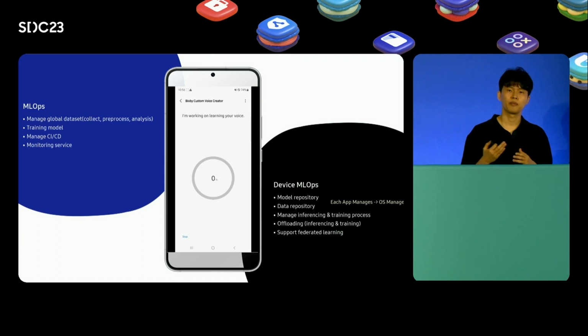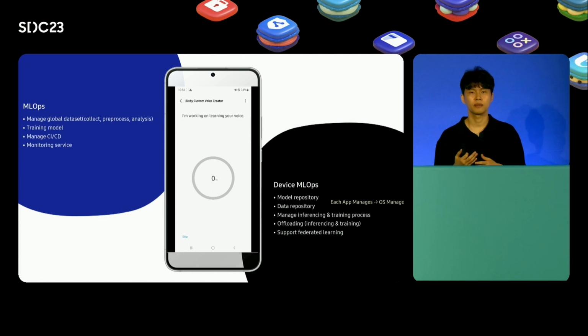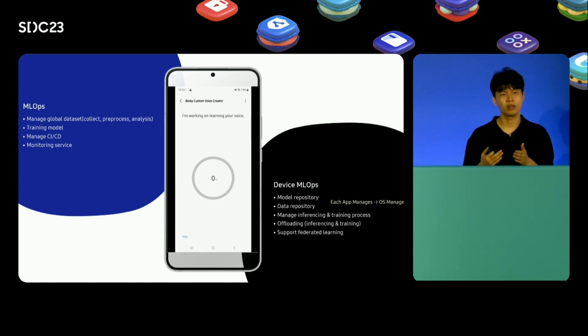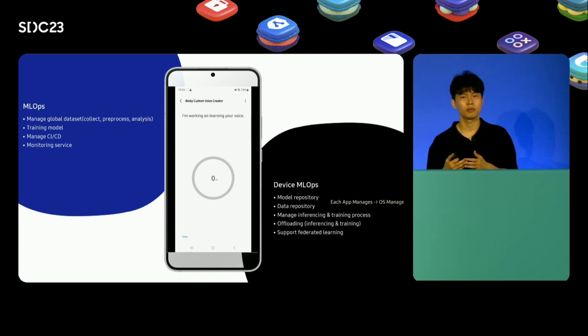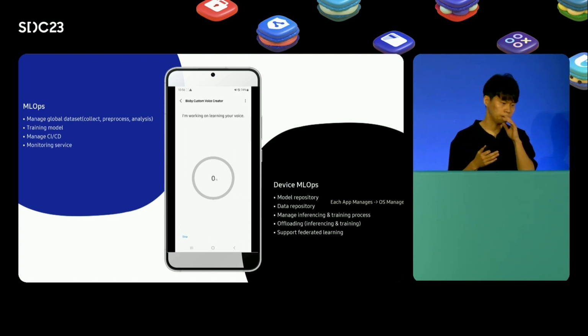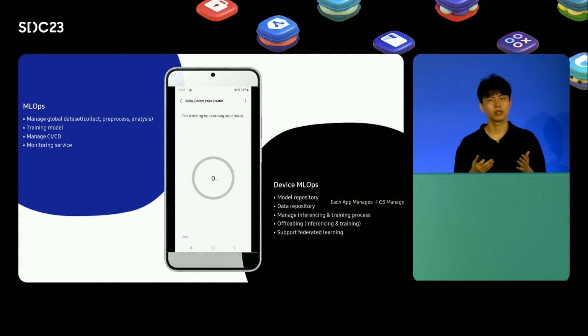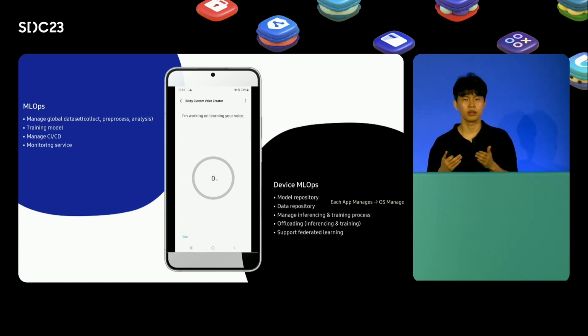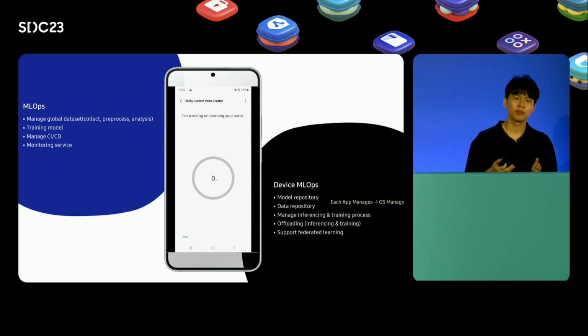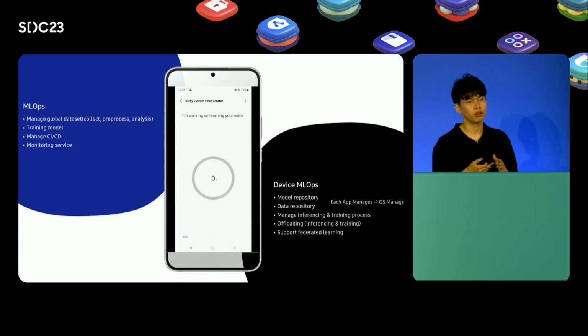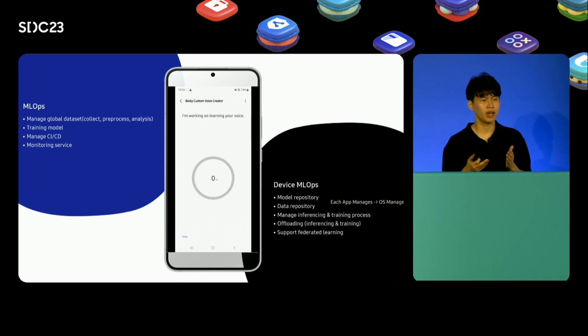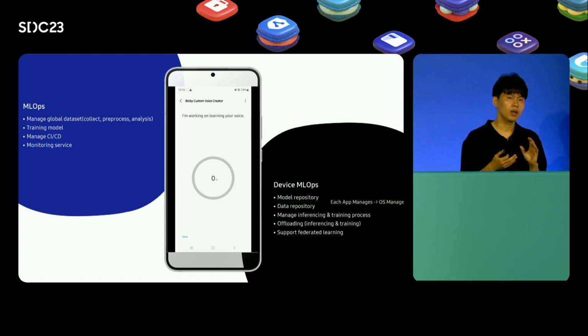So in this case, device MLOps will schedule the training process, and during the process, if the device is getting overheated or the battery level is low, device MLOps will pause or stop the training process. Besides, offloading, which I've already explained with Among Device AI, can be managed by device MLOps.